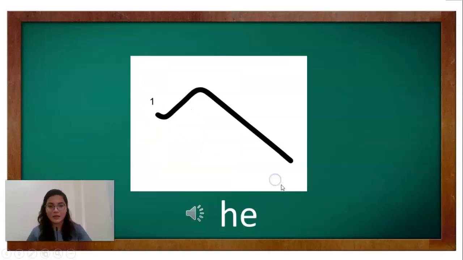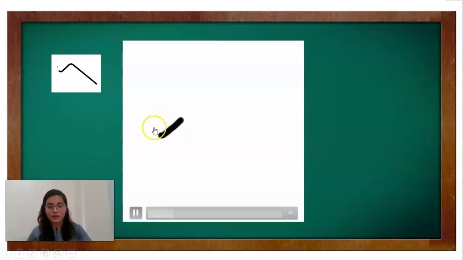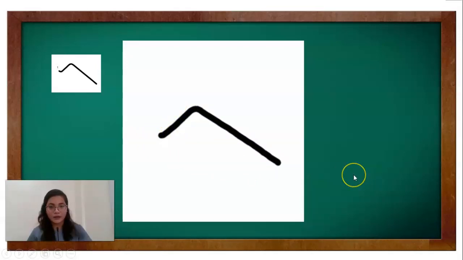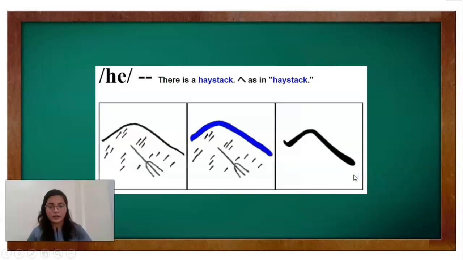Okay, next up is he. He has 1 stroke. 1. Okay, again. 1. So to easily remember this character, just think of a haystack.